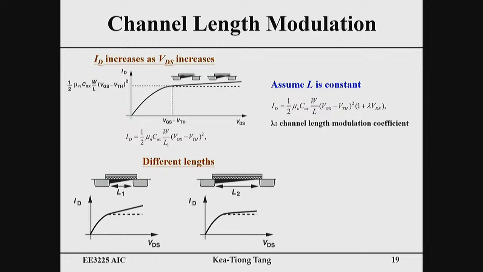But if your channel is very long and you just reduce a little bit, it doesn't feel like too much. So lambda is inversely proportional to the channel length. If you don't want the channel length modulation to be too serious, you can draw a long channel. If you have a longer channel, you have a smaller lambda, and then this term will not be that obvious. So this is the channel length modulation.